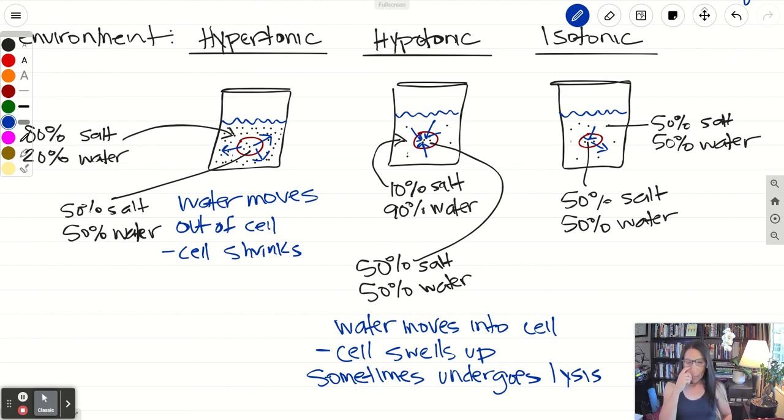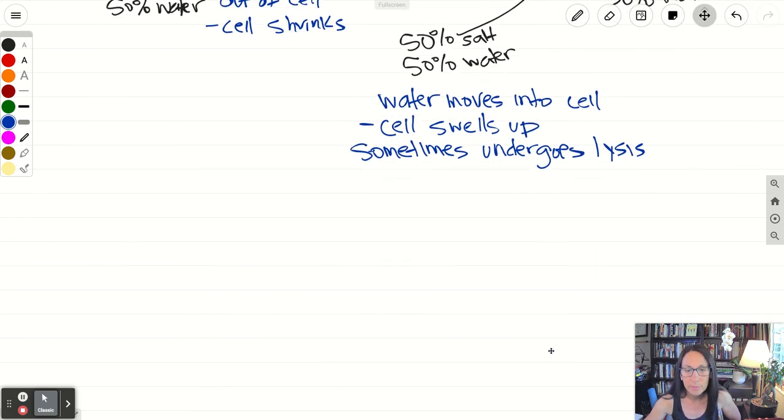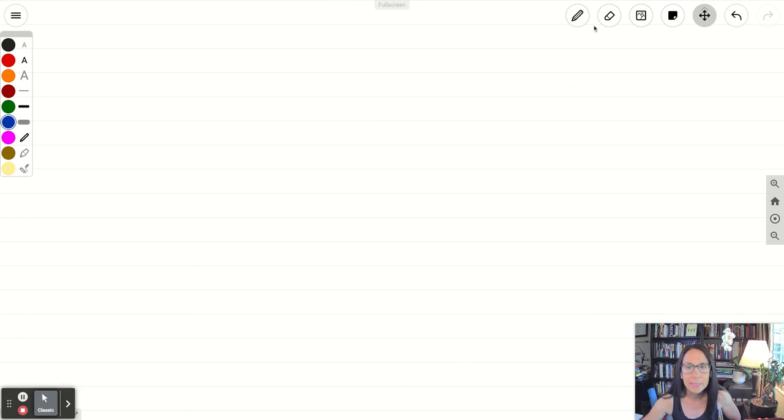Okay, so we were talking about the movement of stuff. We talked about passive diffusion, which is when substances go from a high concentration to a low concentration, and this happens naturally with no energy. The last thing I want to go over is the opposite of this. This is called active diffusion.